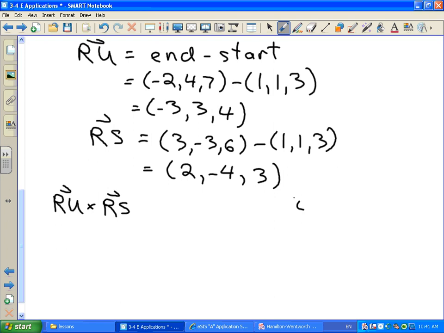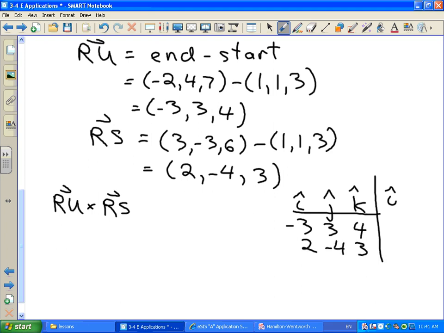We're going to do i, j, k. Give ourselves another copy of i over there. RU is -3, 3, 4. RS is 2, -4, 3. And then we want a -3, and we want a 2.